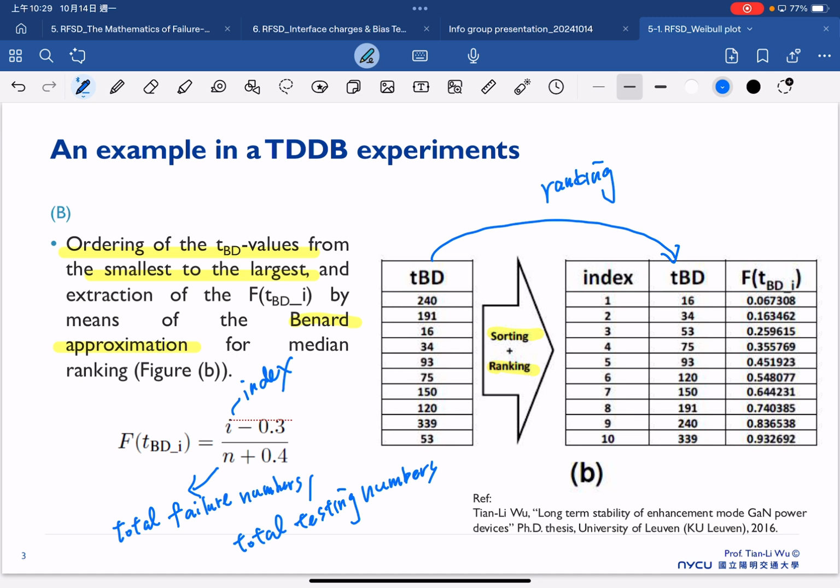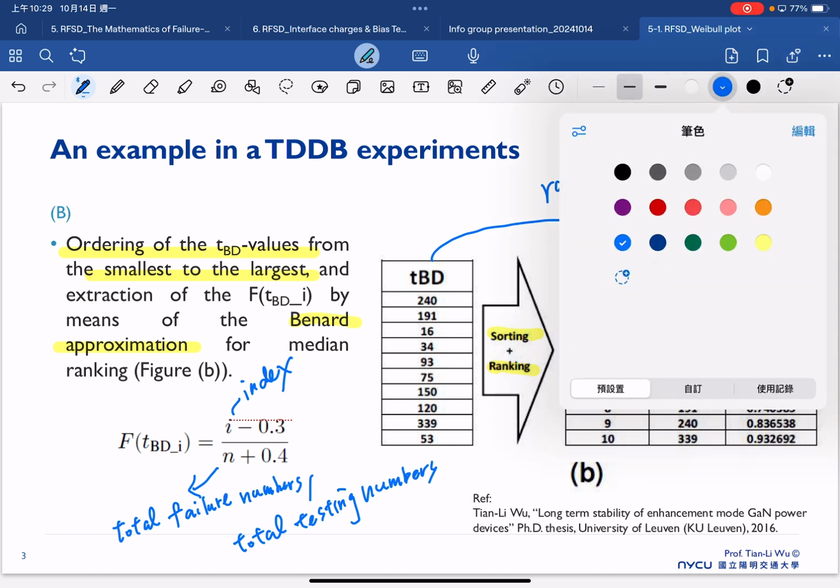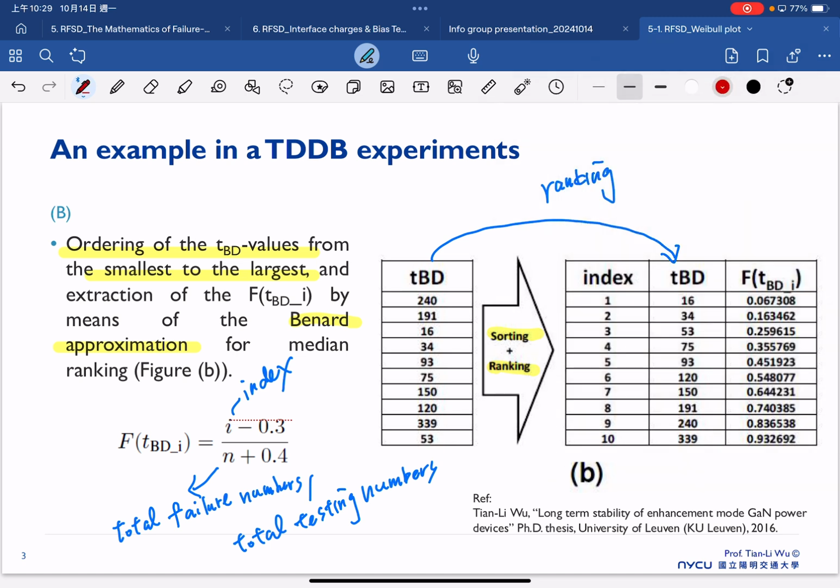So this is a case where we have the 10 device values. We test the 10. We intentionally try to have every device fail. So in this case, N is equal to 10 here.